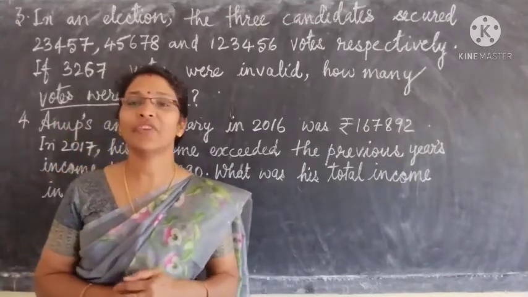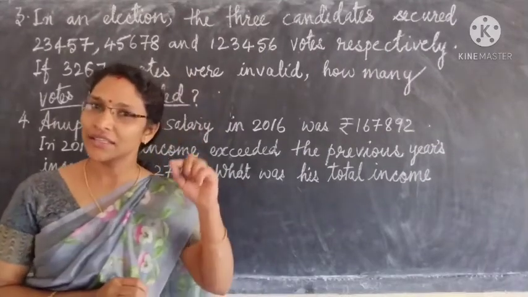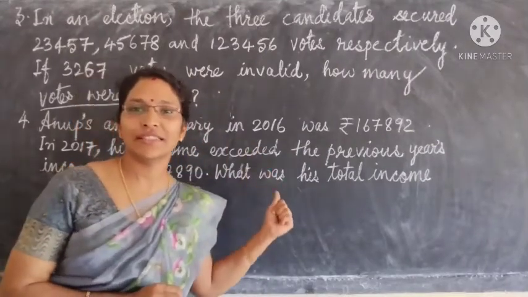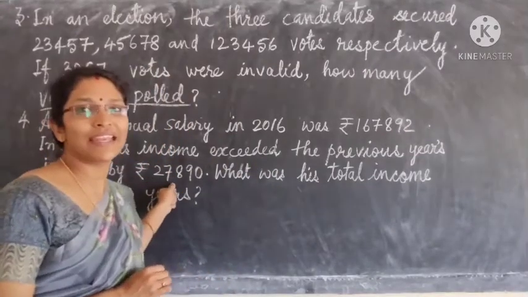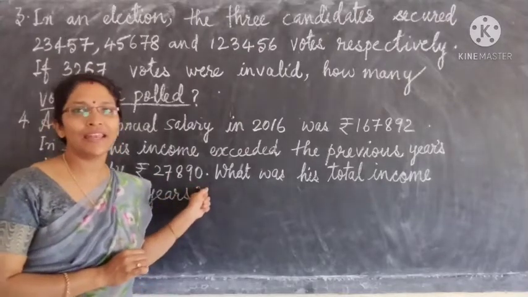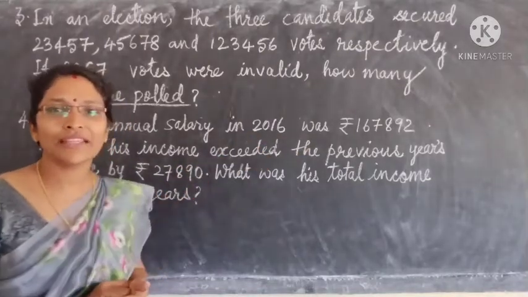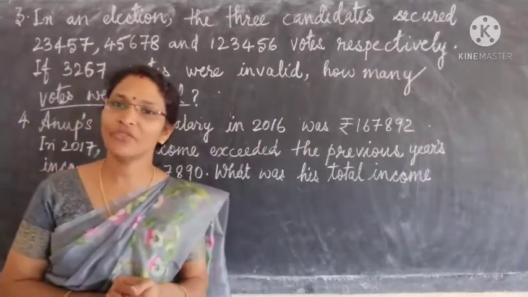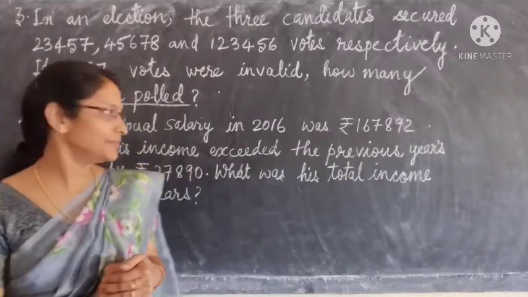Then how can we find out his annual salary of 2017? The income of 2016 plus the increased or exceeded income, that is 27,890. When we add both of these, we will get his annual income of 2017.